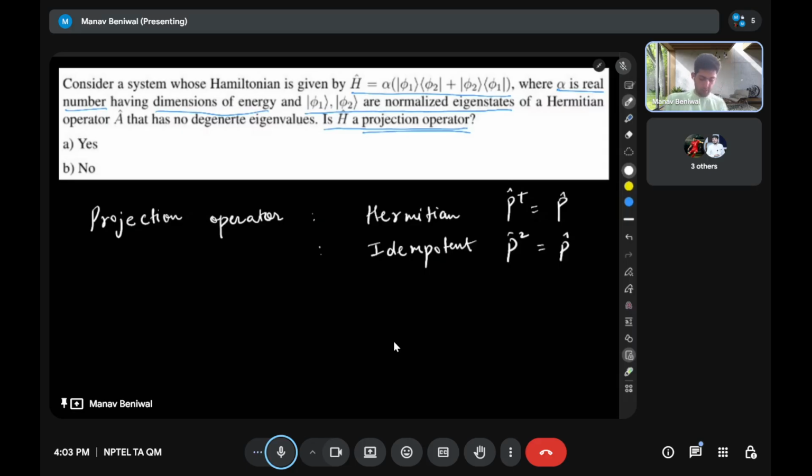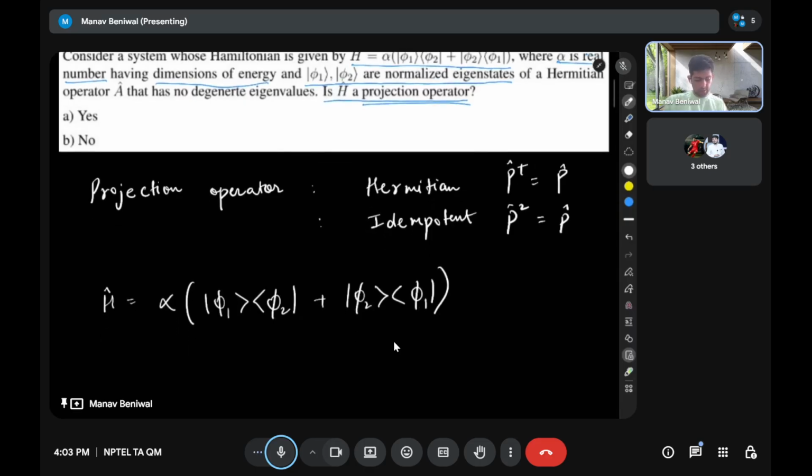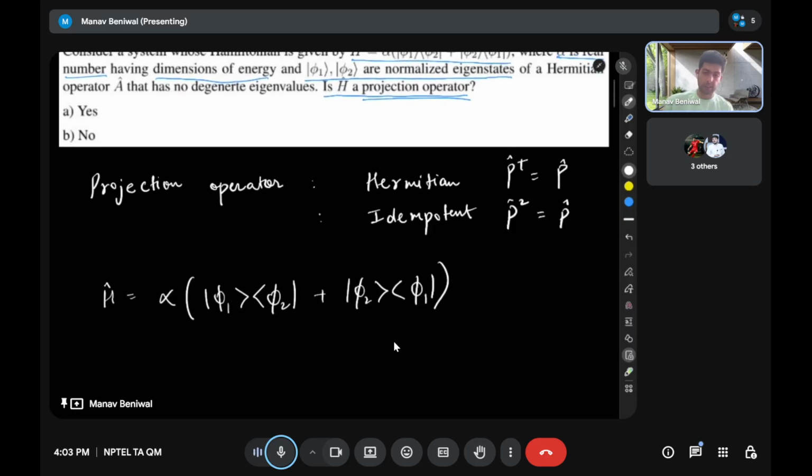Okay, now let's have a look at the Hamiltonian H. It is given that H is alpha, which is a real number, times |phi 1><phi 2| plus |phi 2><phi 1|. Is this Hamiltonian Hermitian?